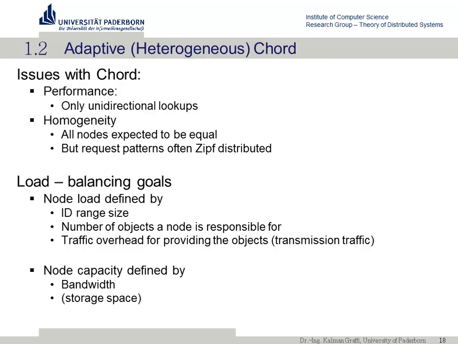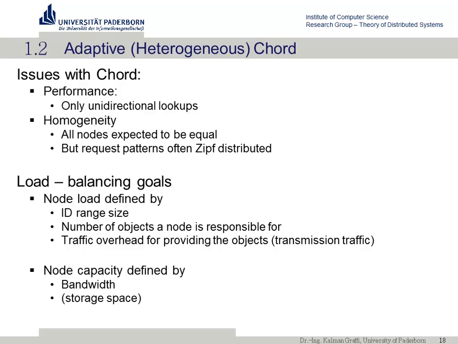Some also go for the number of objects that you are responsible for. They try to optimize the distribution of the number of objects so that every node gets the equal number of objects, although the ID range might be different. But also in this case, you might have all nodes with the same number of objects, but one object is very prominent and it's located on a very weak node.